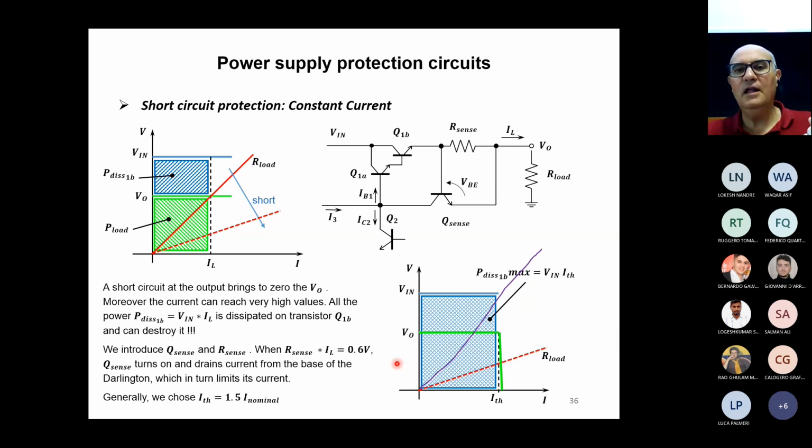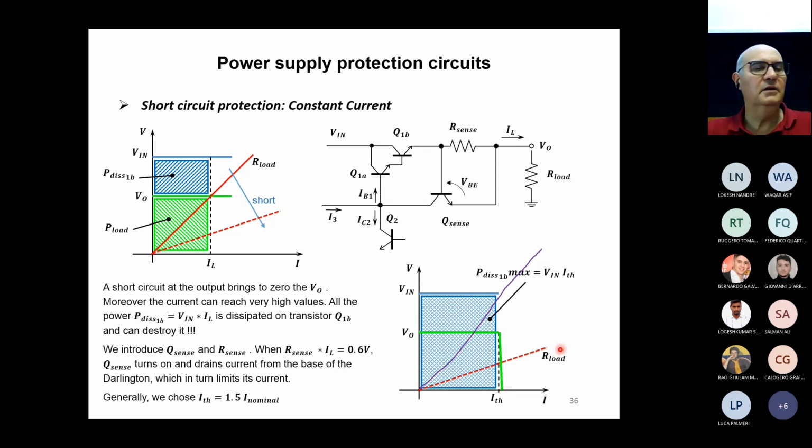What we have is only a reduction in the output voltage. So that's the reason why we call this a constant current short circuit protection. Because once the protection turns on, the system will limit the current more or less to the threshold current, even if the output voltage is going down.